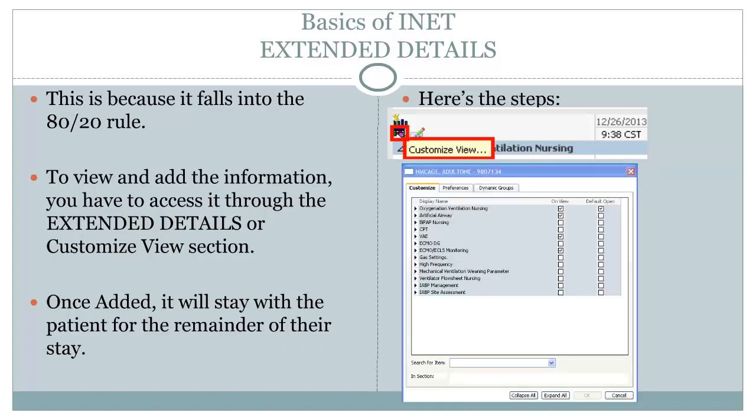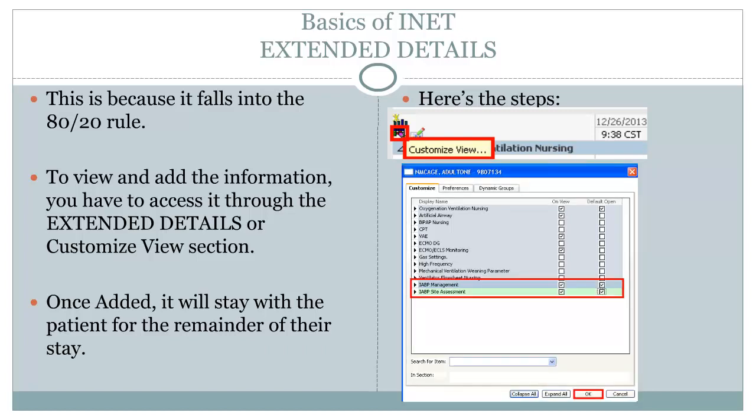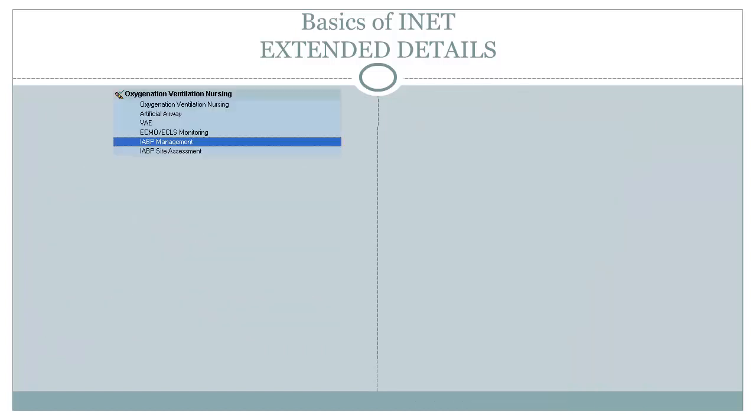This will open up the customized view screen, which is the area that allows us to add extra extended details to our charting. At the bottom of this screen, we see IABP management and IABP site assessment. I want to put a check mark under the columns of on view and default open, and then select the OK button.